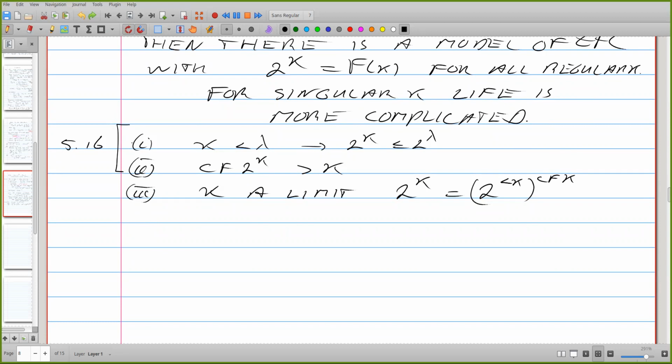And where does that less freedom come from? Well, again, we write kappa in the usual way. We take it as a sum of cardinals, and we look at 2 to the kappa. Well, that is 2 to the sum. And cardinal arithmetic works the way it's supposed to work.